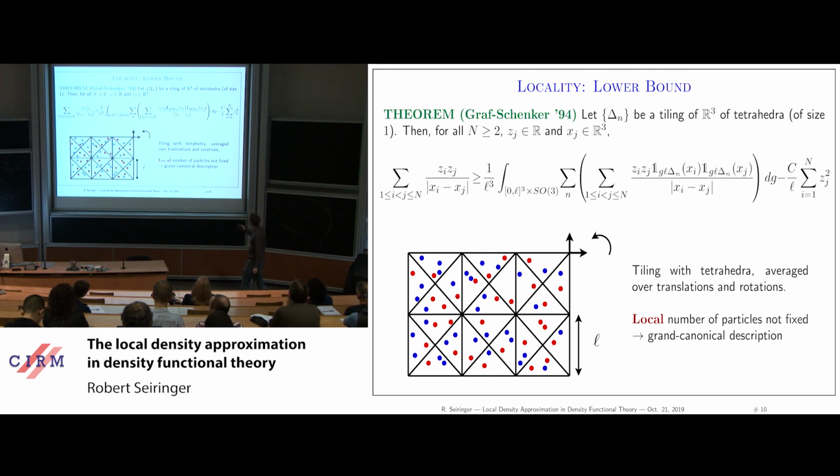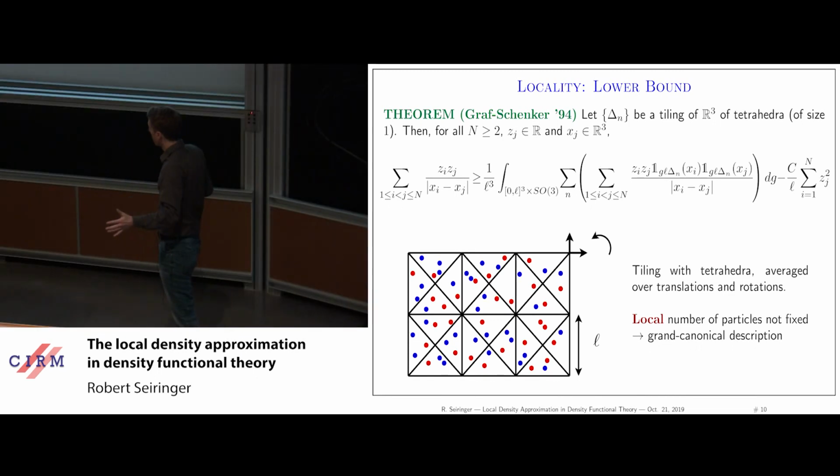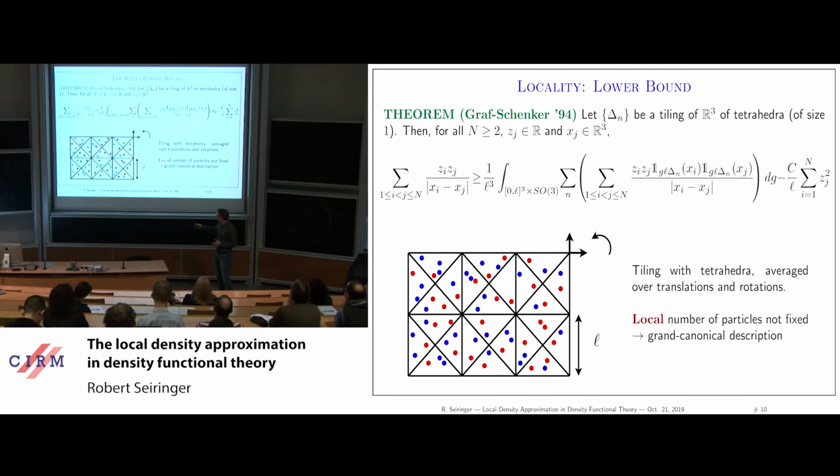You see also where naturally the grand canonical description comes in, right? I told you that for various reasons we don't want to work in the canonical setting, and here this comes in naturally because we don't know how many particles there are in each tetrahedron. If we take a many-body state, even if it's a pure canonical state globally, then in every small tile the number of particles will fluctuate.